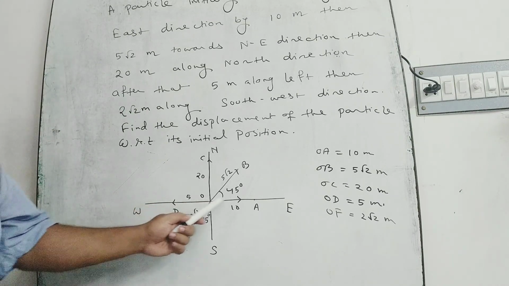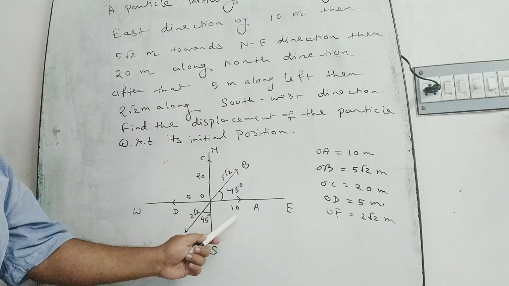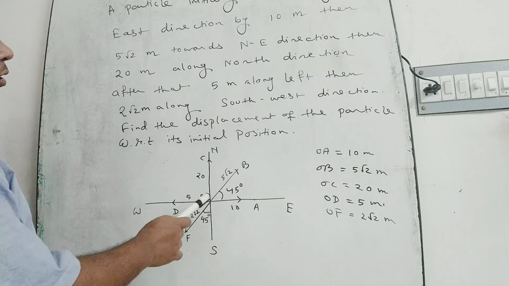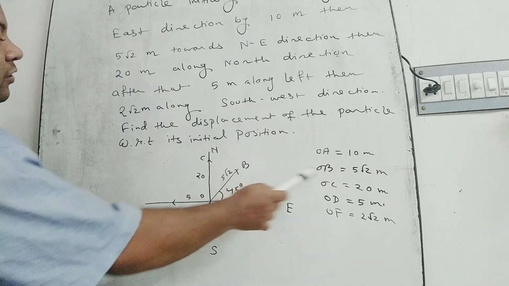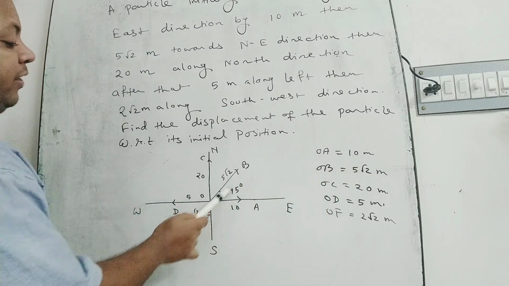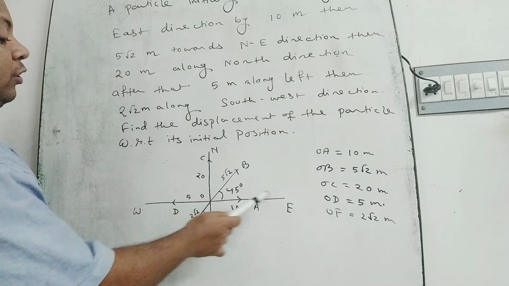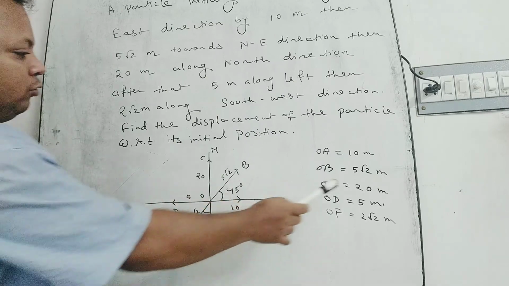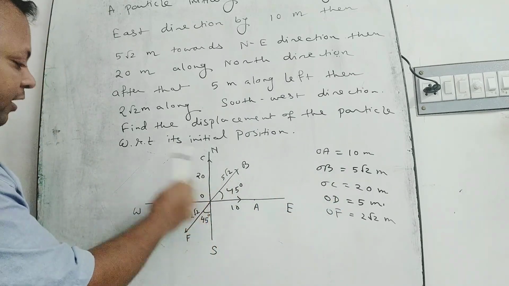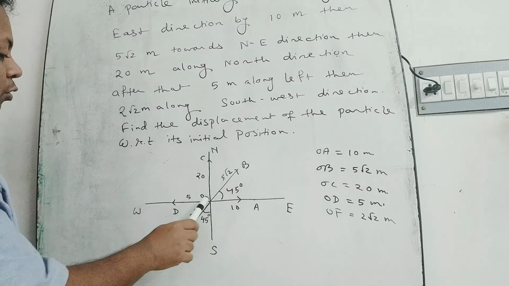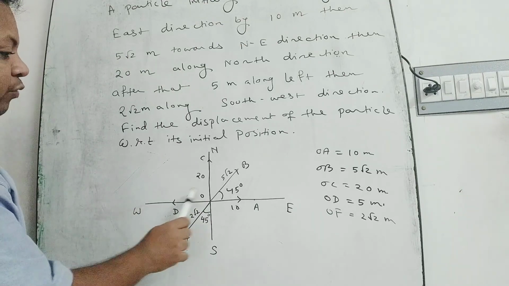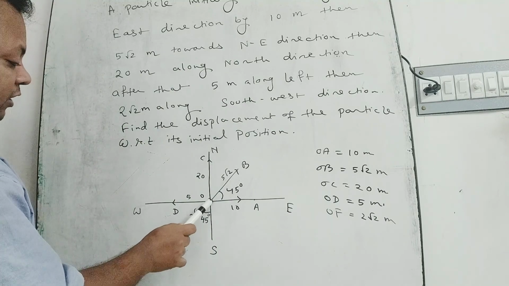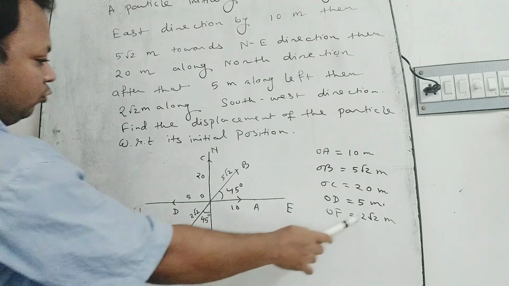Here the initial displacement OA is 10 meters. After that, OB is 5√2 meters. It makes an angle of 45 degrees with the OE axis. OC is equal to 20 meters. Then after left, that is towards west, OD is equal to 5 meters, and then the southwest direction, that is OF, is equal to 2√2 meters.